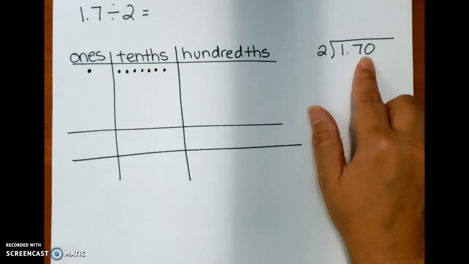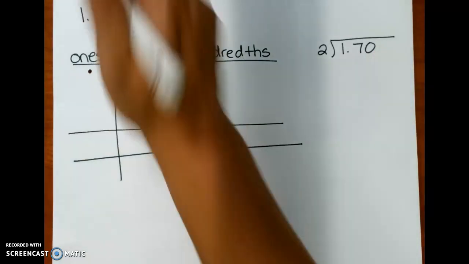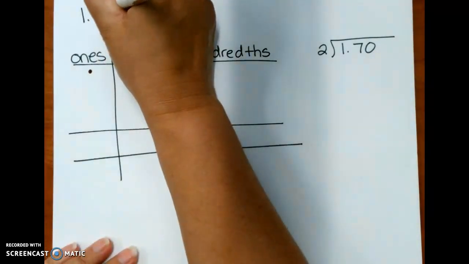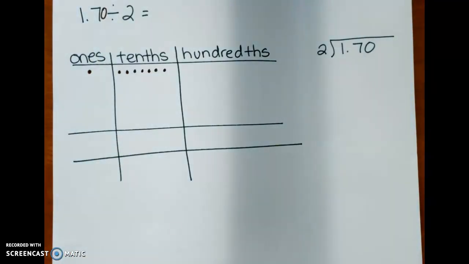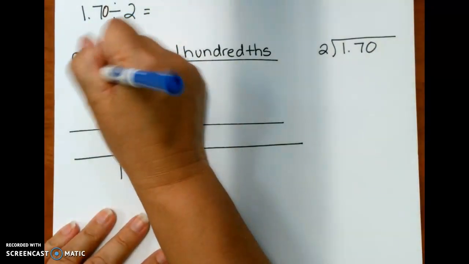So I know that I'm going to have to go into my hundredths place. I know that 70/100ths is equal to 7/10. So I'm going to go ahead and add that 0 up there. So 1 7/10 is the same as 70/100ths. Now, I also know that I can't divide 1 into 2 groups unless I break it apart, decompose it, exchange it, unbundle it, any of those words, into tenths.